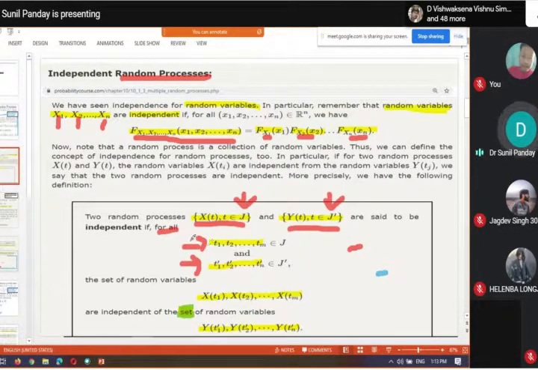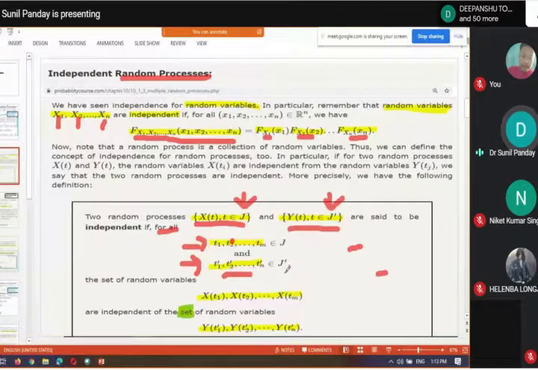So if we have m instances of time in J and n instances of time in J dash, then since X(t) is a random process, X(t1), X(t2), ..., X(tm) are random variables. Similarly, Y(t1'), Y(t2'), ..., Y(tn') are another set of random variables.